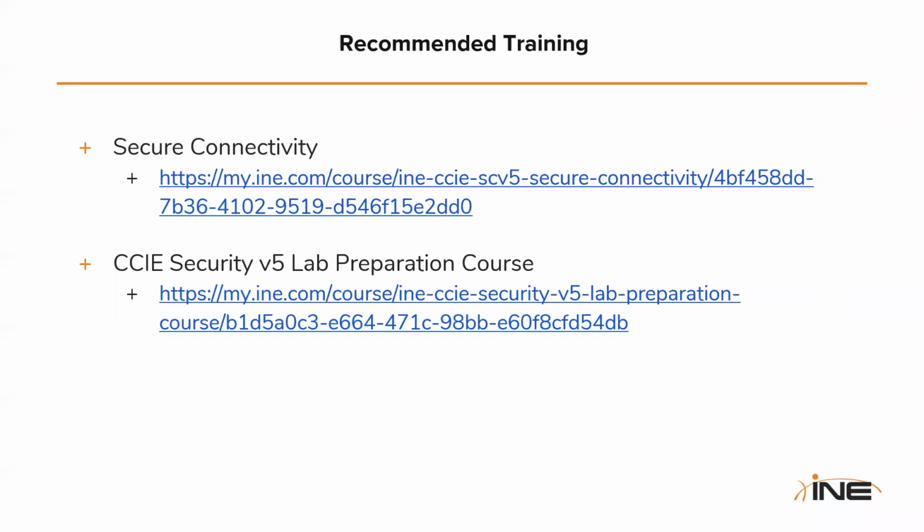Even though this second one is for version 5 CCIE, it's still valid, it's still up to date. You'll find some more examples of how to use AnyConnect, how to deploy it with other devices. So it's pretty good stuff. If you're interested in AnyConnect, I would definitely go ahead and take a look at these two courses.